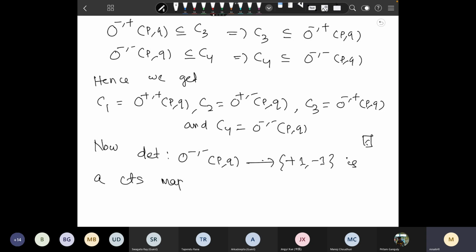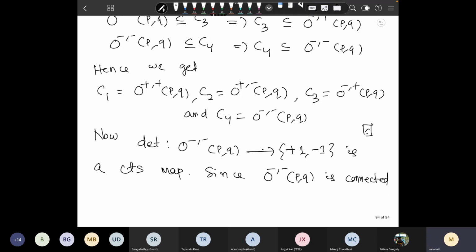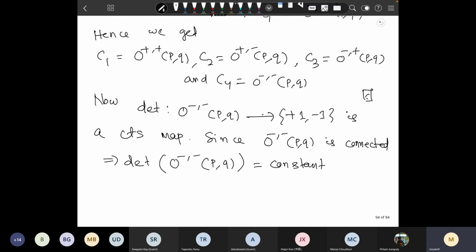Since O minus minus (P, Q) is connected, the determinant map is a constant map. That means the determinant on the whole of O minus minus (P, Q) is constant. It takes the whole set O minus minus (P, Q) to a constant.